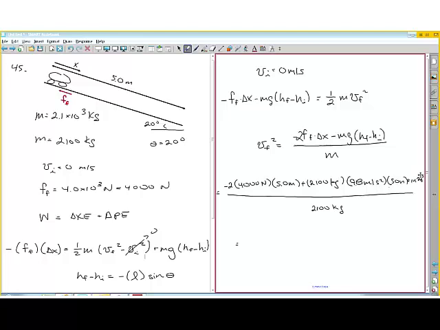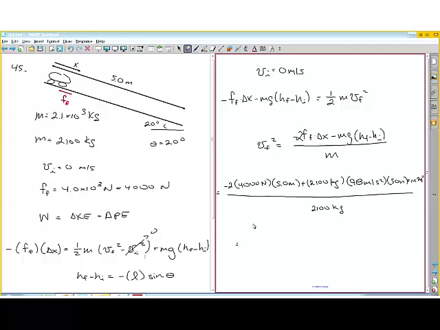If the angle was 90 degrees, this would go to 1, and you would just have this times that, which is acceleration times distance. I think that if you look at kinematics, it'd be much better.